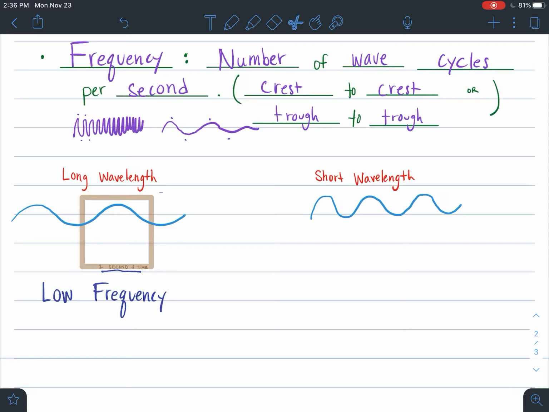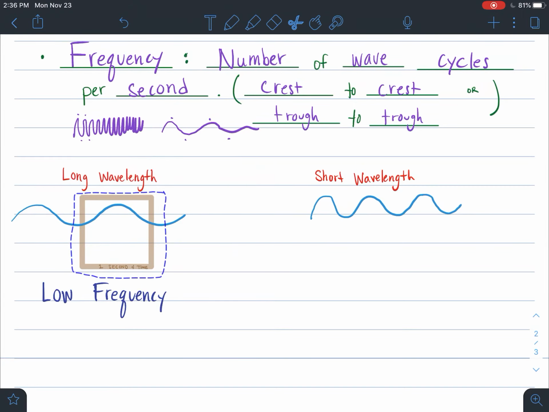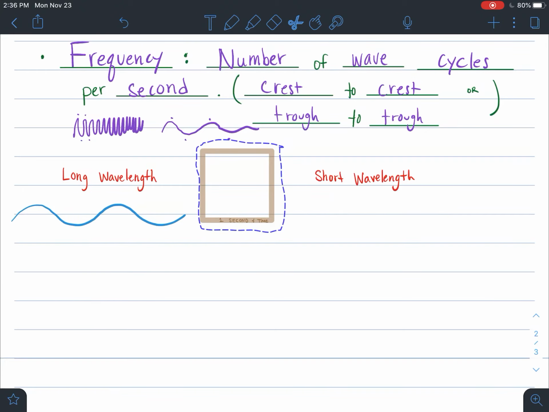Whereas if we were to take this same box, I'm going to have to undo a couple of steps. Let's do it like this. So here, this is a low frequency because not many happen per second.